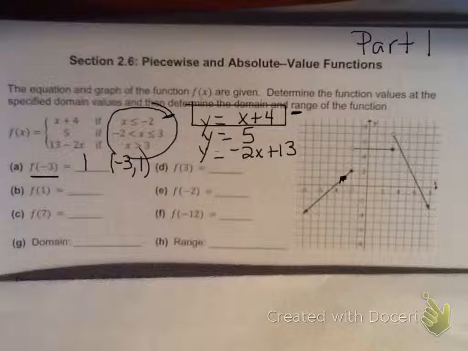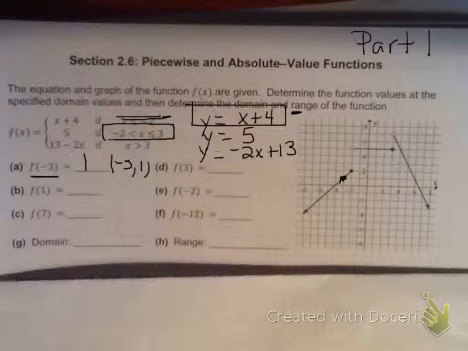F of 1, where is f of 1 true? Well, let's look at this first equation. If we plugged in 1, is 1 less than negative 2? No. So that doesn't work. Is 1 between negative 2 and 3? By the way, negative 2 is less than x is less than 3.